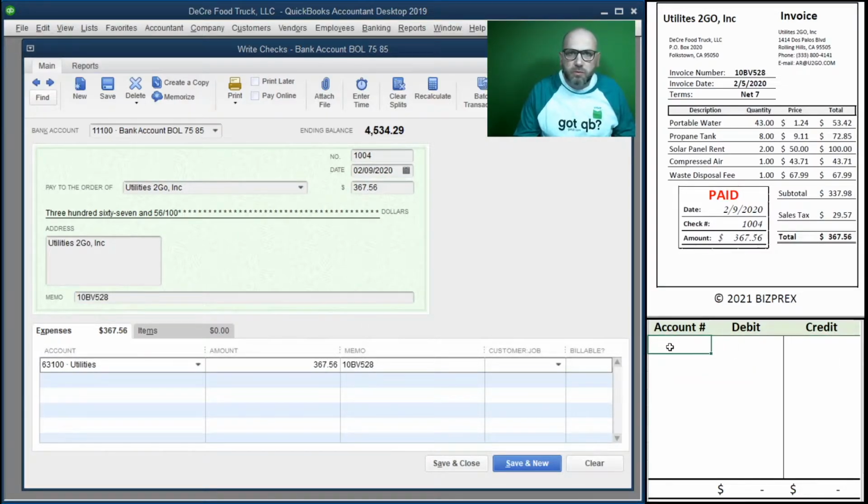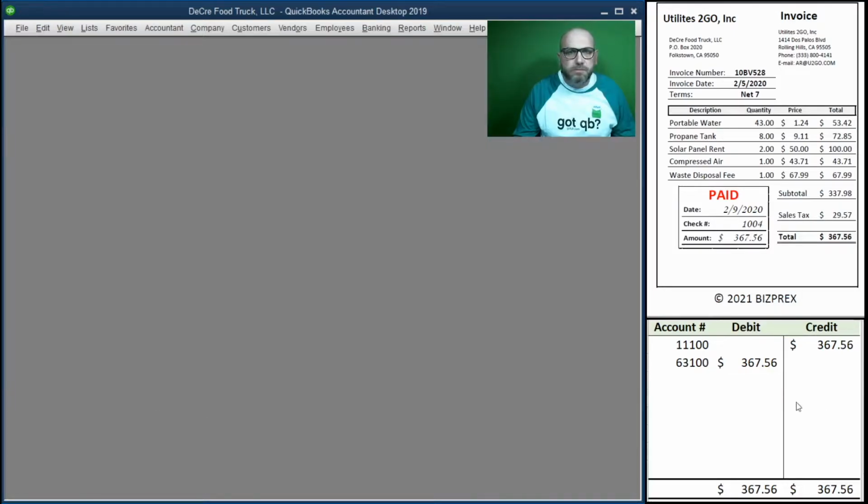Alright, again, what's going on behind the scenes? Our bank account is an asset and it's going down. And our expenses are going up, right? By the same amount, lump sum. Again, our debits and credits are in agreement, as you can see. Therefore, we're good to go. We can go ahead and book this transaction, save and close.